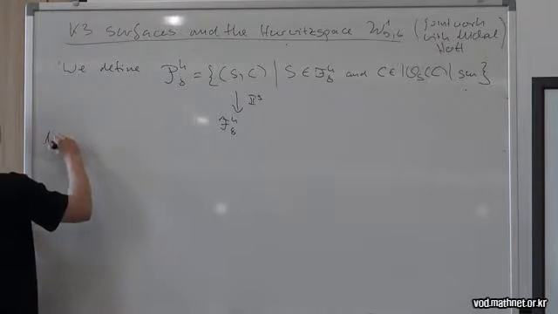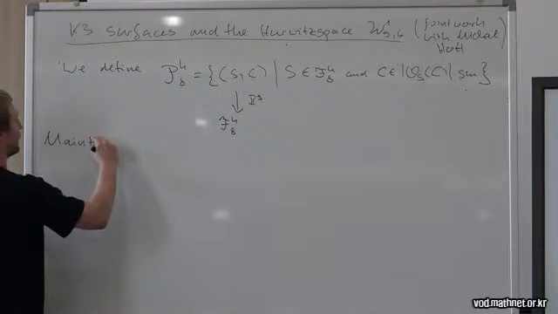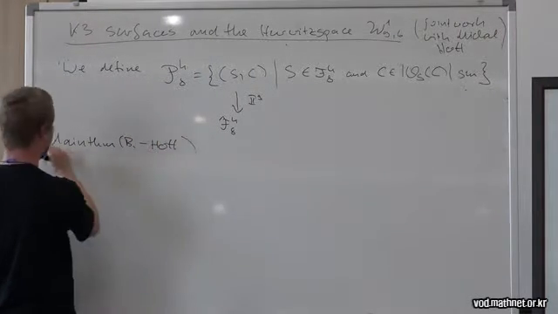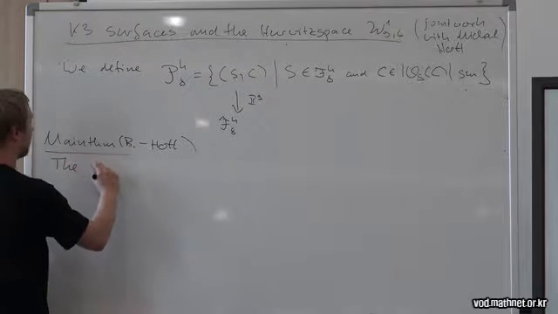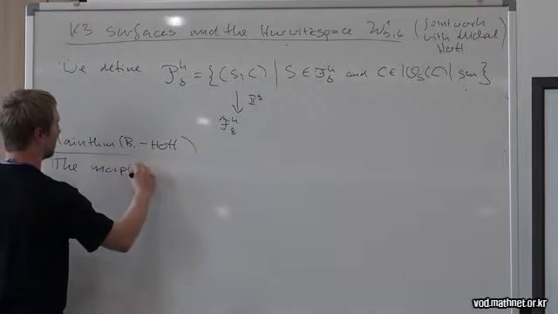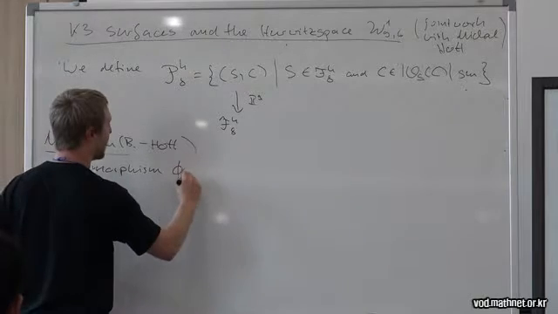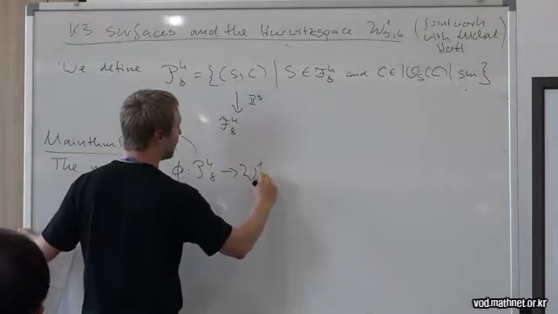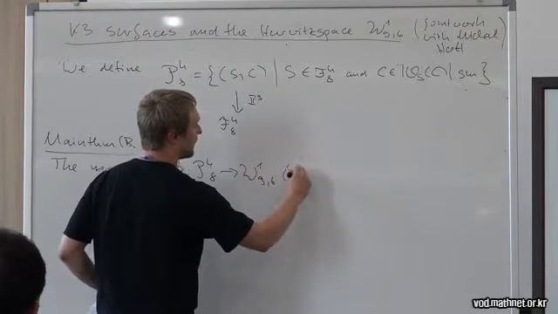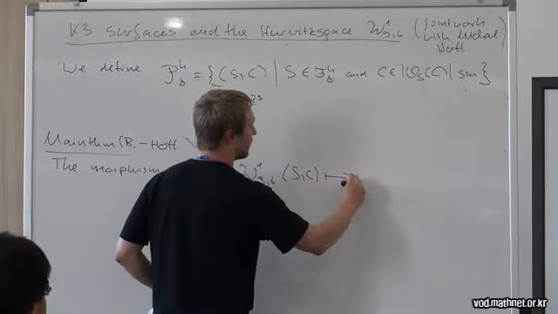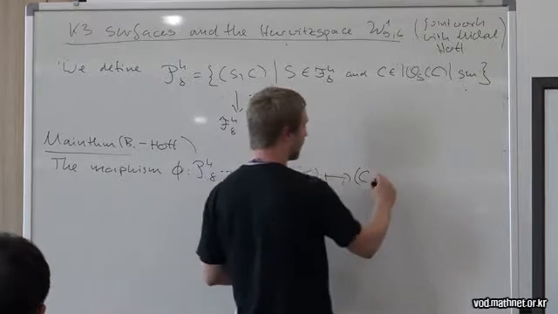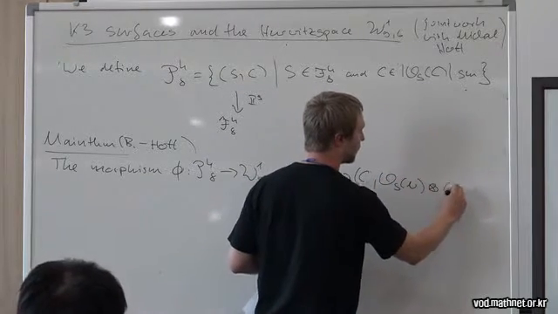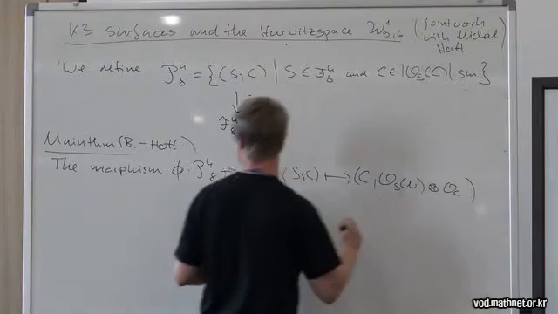So our main theorem is the following. The morphism phi from PH8 to W196, sending a pair S, C to C together with OS(N) tensorized with OC, is dominant.